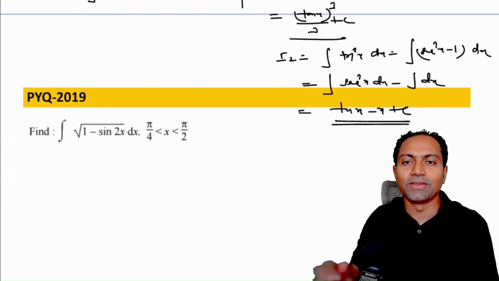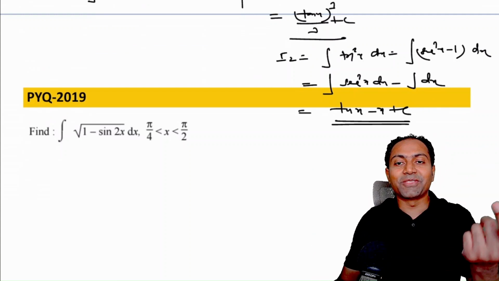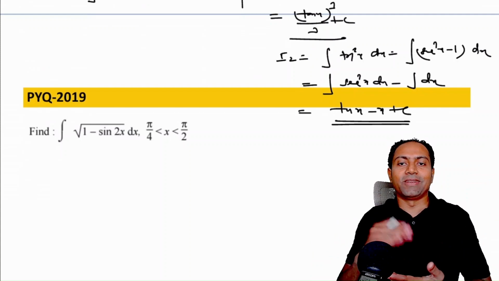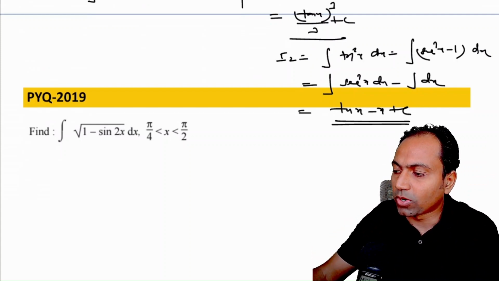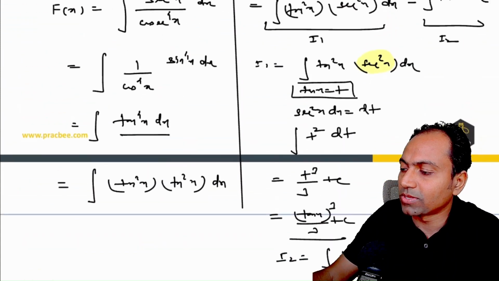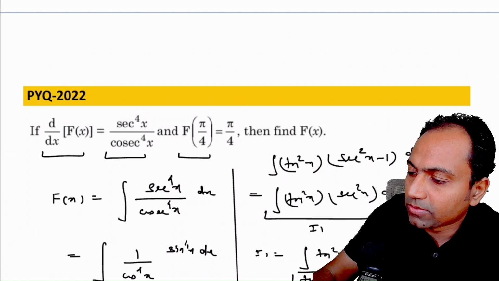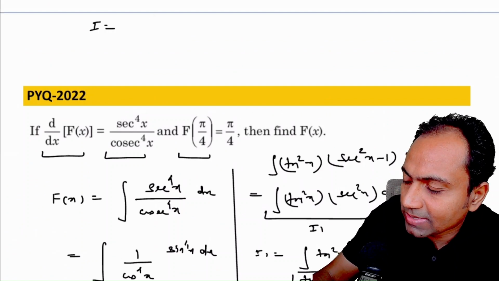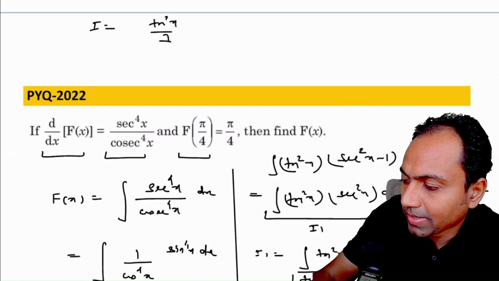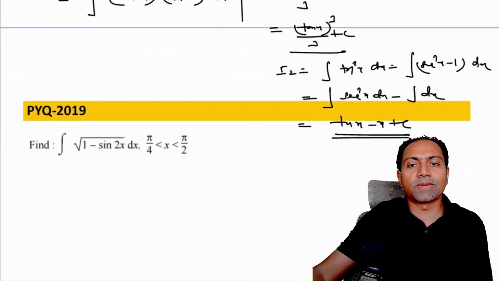And we have used our earlier technique of splitting an integral into standard forms that we can integrate. Once we have got both of these values, we can resubstitute in the question and see what we get. The answer of the first part was nothing but tan cube x by 3, and the answer to the second one we have got is nothing else but tan x minus x.